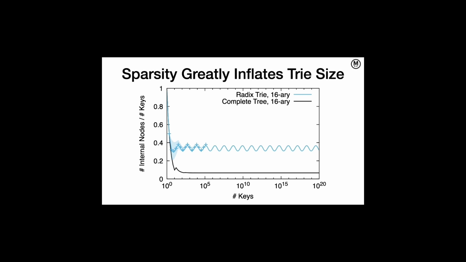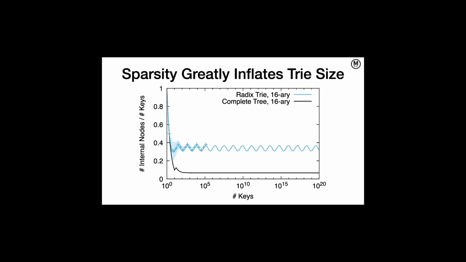We did some mathematical analysis plus experiments. On this chart, I'm showing you both the theory that we did, which are the solid curves, and also the experiments, which are the dots. Here what we're comparing is Ethereum's Merkle-Patricia trie data structure, listed as radix trie 16 array, and the optimality, which is the complete tree, which means each node has all of its potential children fulfilled.